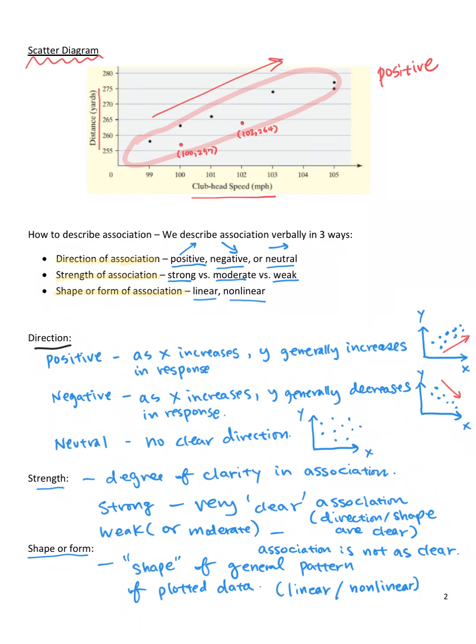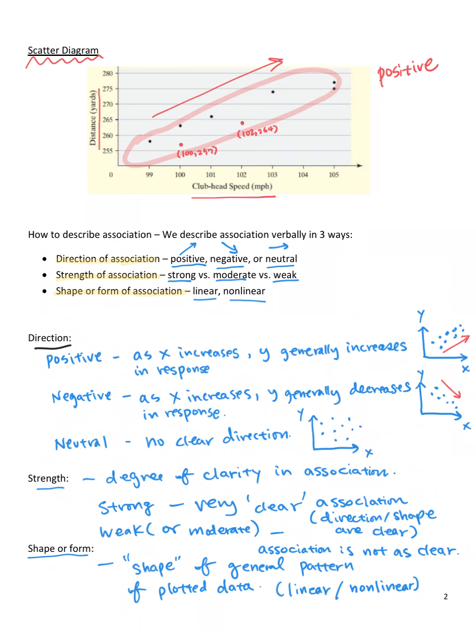Now, going back to the scatter diagram of distance versus club head speed, I would say that the association is pretty strong because the direction and the shape of the association are pretty clear, right?